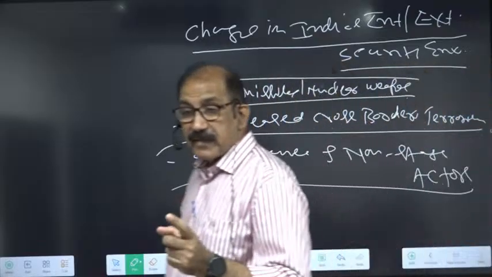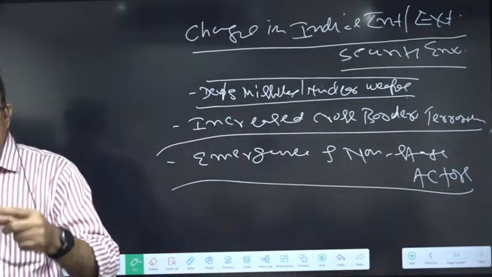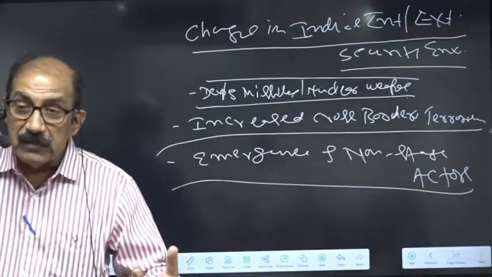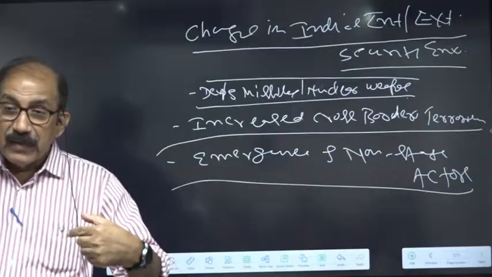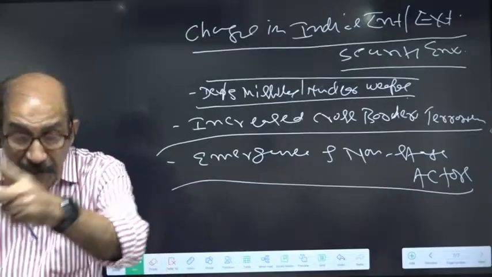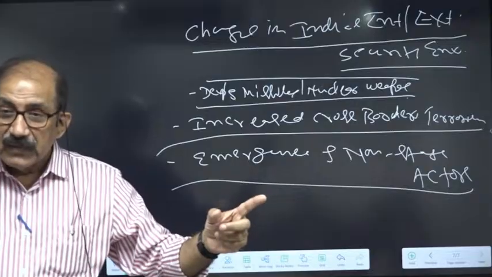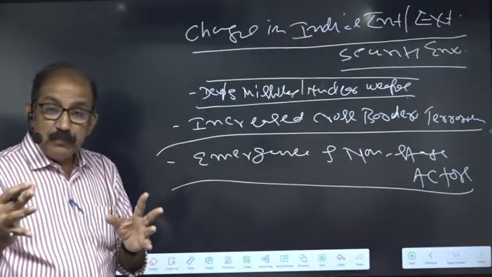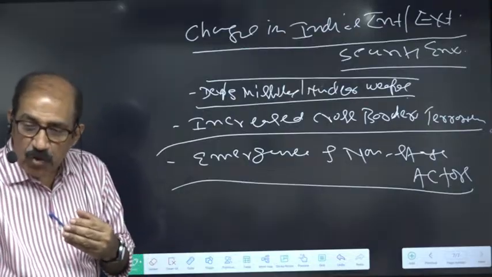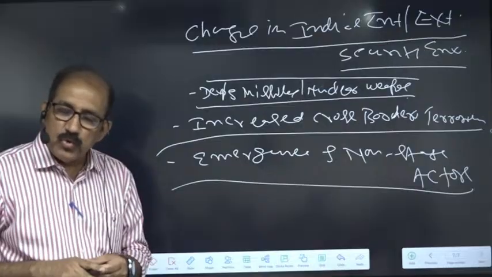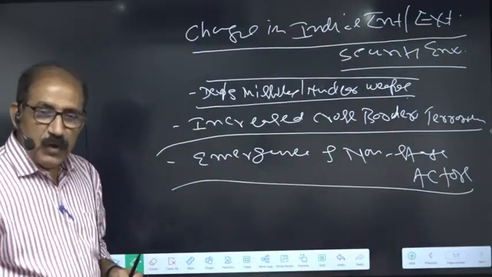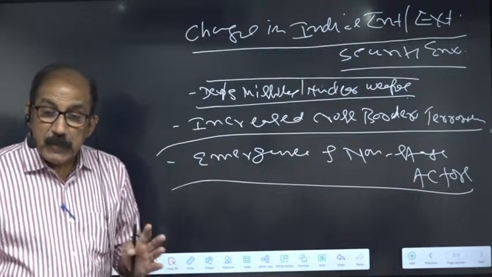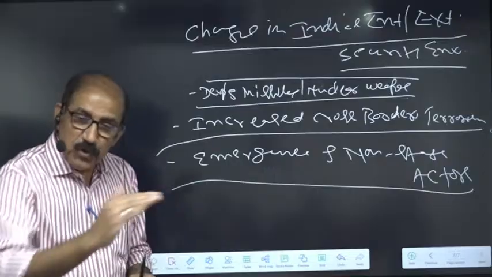But if some fundamentalist terrorist outfit like Lashkar-e-Taiba or Jaish-e-Mohammed attacks, they are doing a terrorist attack supported by state actors, meaning supported by ISI. Now, when terrorists are crossing the border from Pakistan to India, do you think they can do it without the support of the Pakistani army? They will never do it.